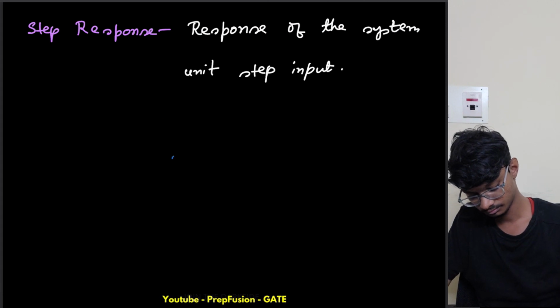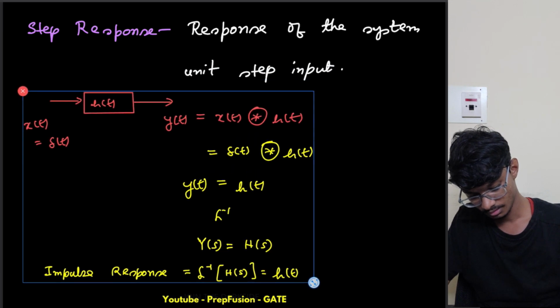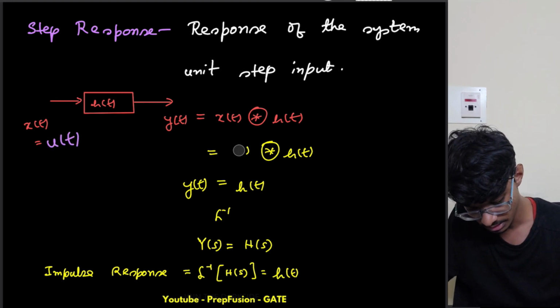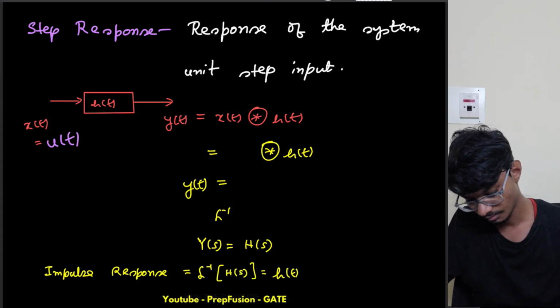Make this a bit smaller. This time what we are giving as input here is not del of t, what we are giving is u of t. And this changes to u of t.